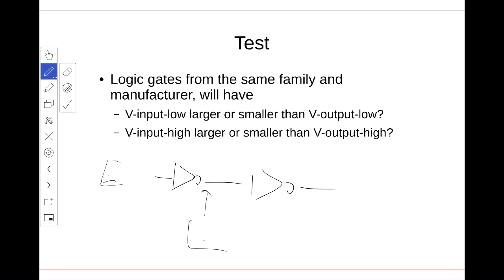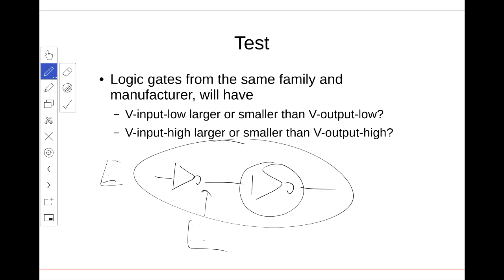So it would be pretty annoying if this chip required an input that was not higher than V output high or lower than V output low, because then this design's not guaranteed to work. I've done my job, I've applied a valid signal here, and this chip will therefore give me a valid signal on the output, meaning it's either higher than V output high or lower than V output low.